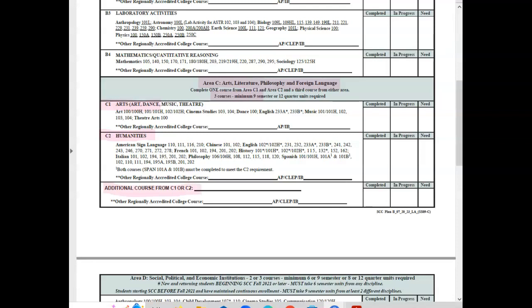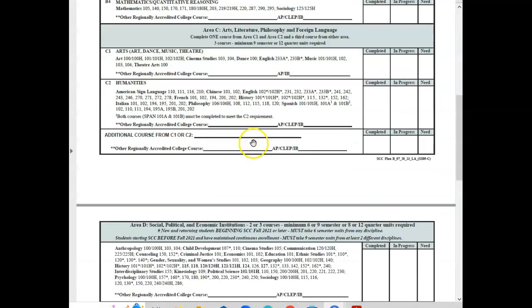So potentially you could do 2 classes in C1 or 2 classes in C2, and 1 class in C1, and so on. So as long as you do 3 classes, 1 in C1, 1 in C2, and then a third course from C1 or C2, you'll be good to go for that particular area.